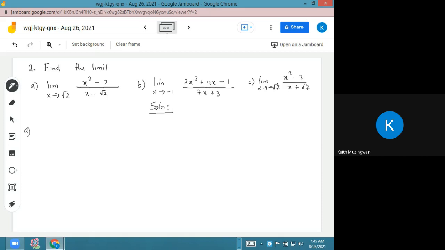Since we are dealing with root, let's try to rewrite x squared as x squared, and then 2 as root 2 to the power 2, because root 2 power 2 is still 2. And then down x minus root 2. And then difference of two squares, because of the minus, we can write x minus root 2, x plus root 2.